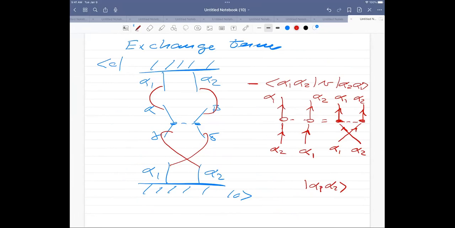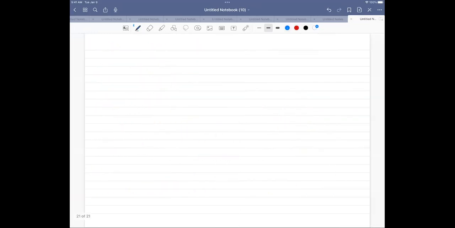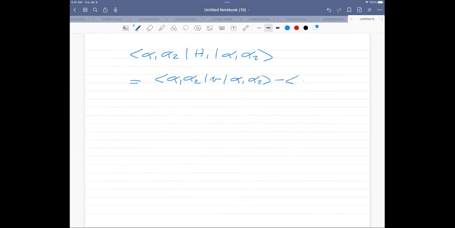So when we calculate the final contribution here, alpha 1, alpha 2 of HI, as we calculated last time, when we run through the calculations with all the contractions, this was given for this specific case in terms of the direct term, and then we had the exchange term, and V of alpha 2 of alpha 1. Diagrammatically, this is going to look like this.